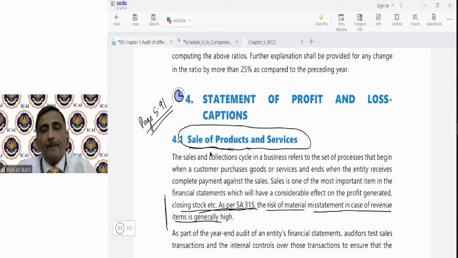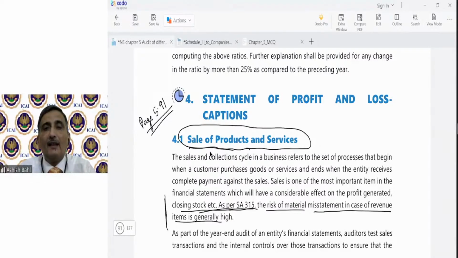Now in case of sales items, which are in the nature of transactions which pertain to class of transactions, now we will be verifying assertions pertaining to class of transactions.